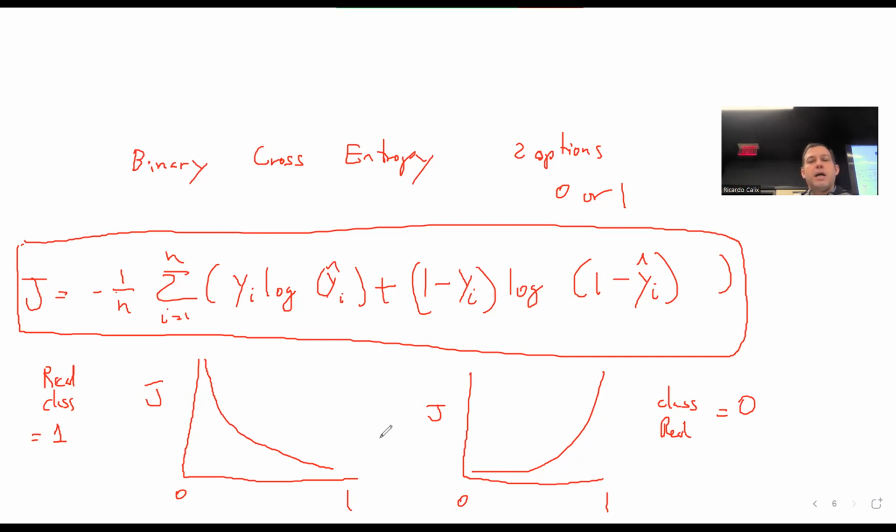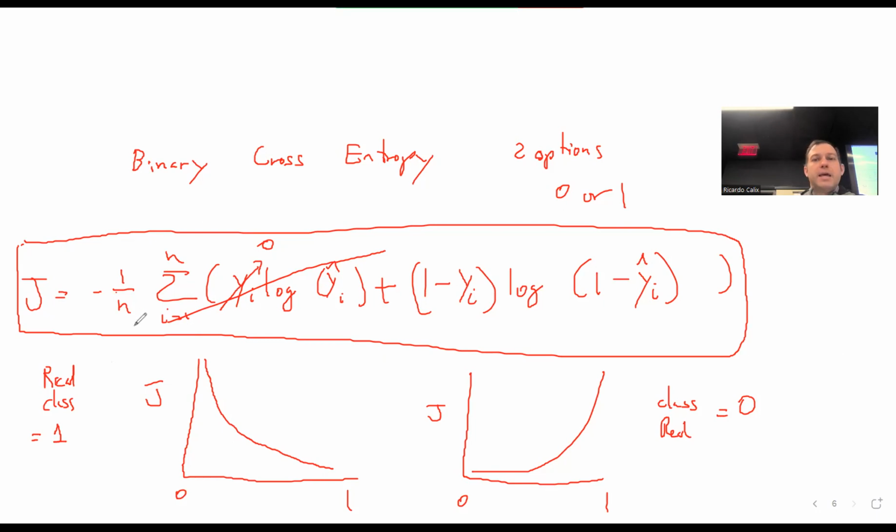Another way of thinking about it is, if we plug in here, let's say the real class is 0, then for this one, the class is 1. So this component goes away. When the real class is 0, we get rid of a whole section of this model.